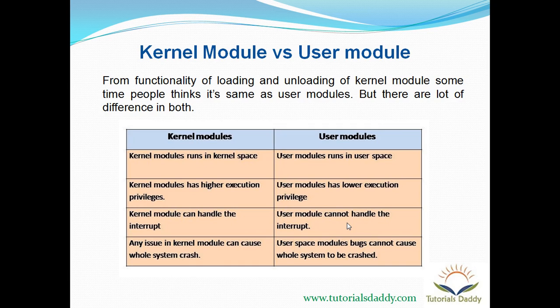And in a user space module, the first function to be called is the main function, but in kernel modules the architecture of the code is totally different. That is also a difference between both.